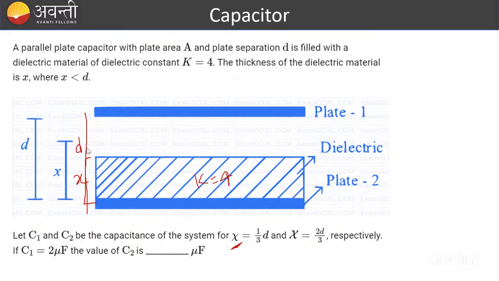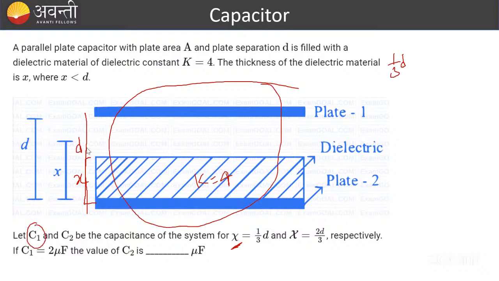So in one case when x is d by 3, then C equivalent of this whole system, capacitance of system is C1, and when this x is 2d by 3, in that case it is C2. ठीक है, so C1 value is given, you need to calculate C2.